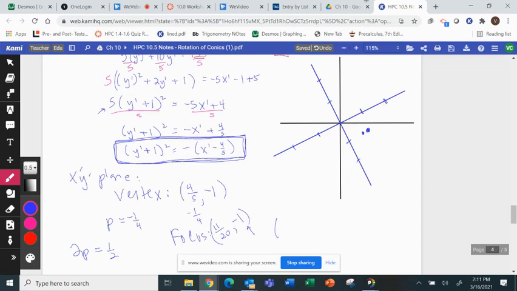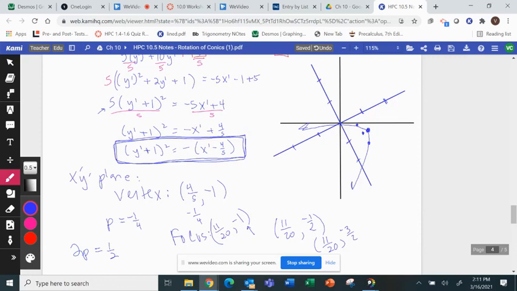We'll have the endpoints at 11/20, and then it'll go up or down: negative 1/2 or negative 3/2. This is totally just eyeballing here, so we have an approximation for our parabola.